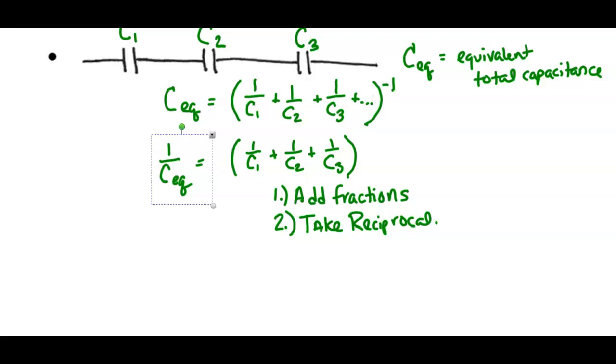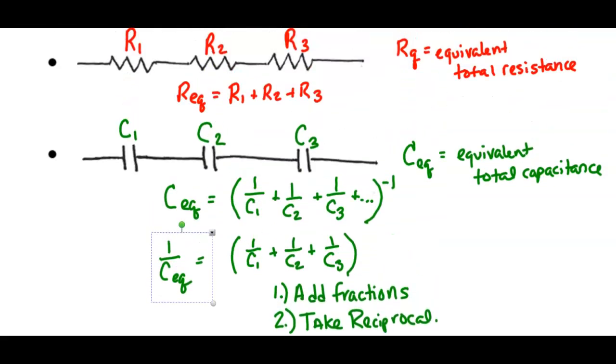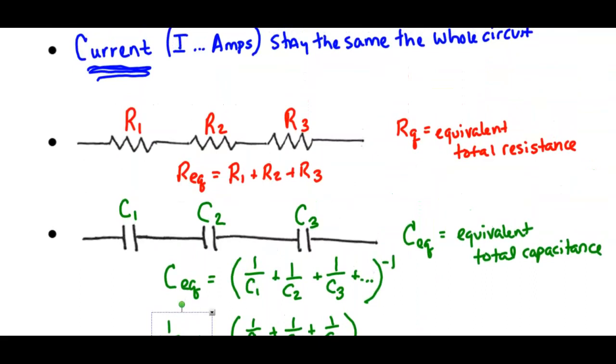All right, so if we go back up and look at what we have, the pattern that emerges is that resistance grows when we put them in series and capacitance shrinks when we put them in series.